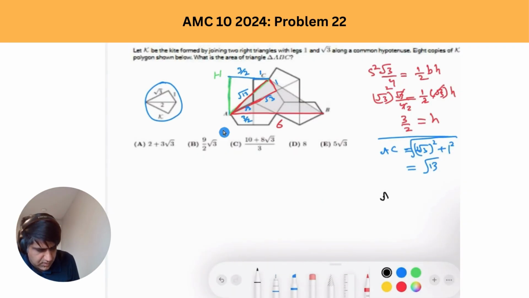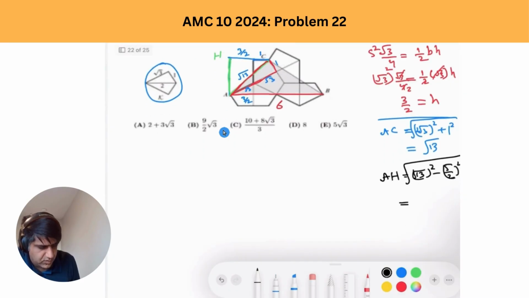So AH is equal to now square root of 13 square minus 5/2 square. And that is now equal to 13 minus 25/4. So that is then 27/4.